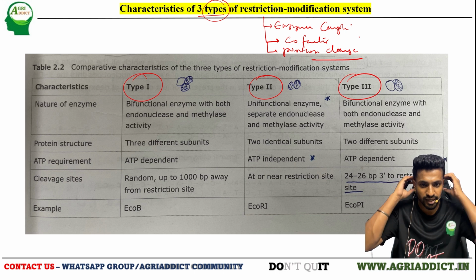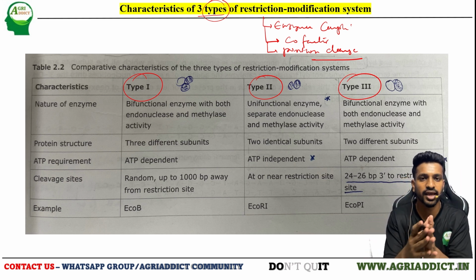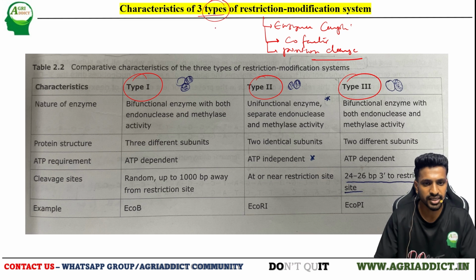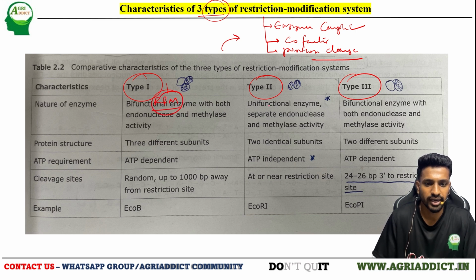Again, these are names you might already be very familiar with, the type 2 restriction enzymes, type 3 restriction enzymes. These are the categories, categorized based on the enzyme complexity, whether they have both restriction and modification function, or only the restriction function.